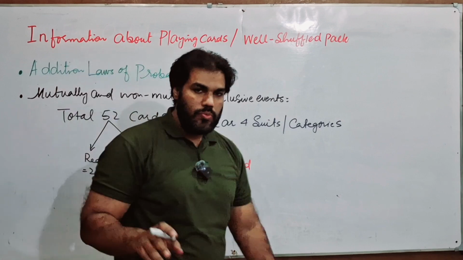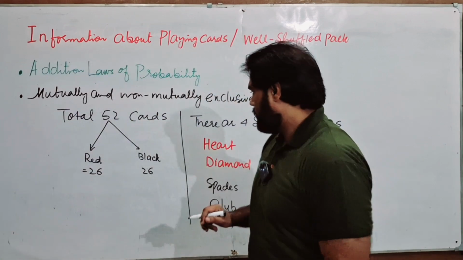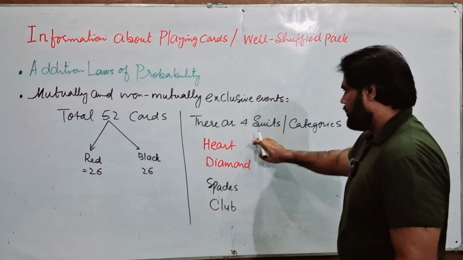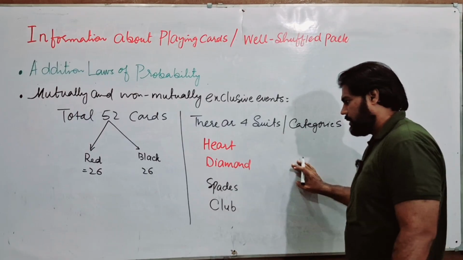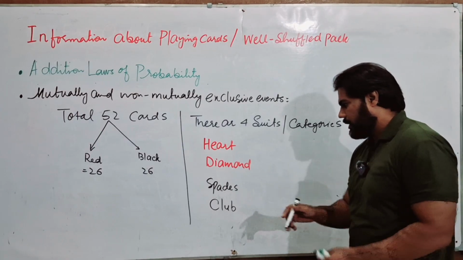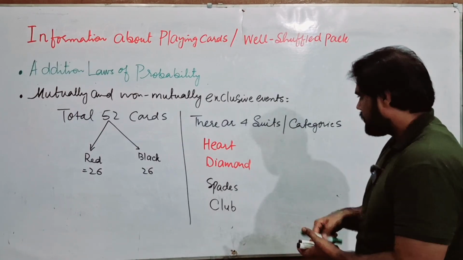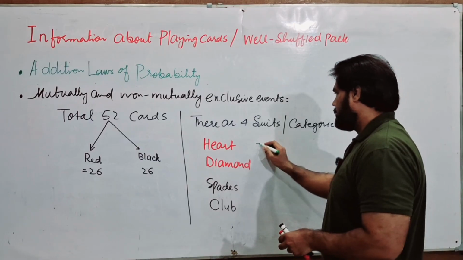If you divide 52 by 4, it means there are 13 cards of heart, 13 cards of diamond, 13 cards of spades, and 13 cards of club. So each has 13.